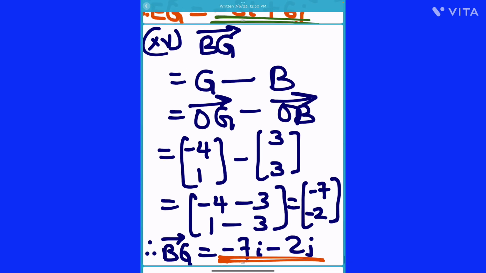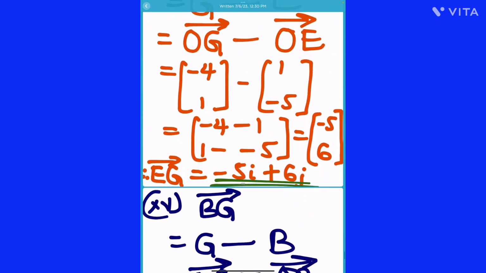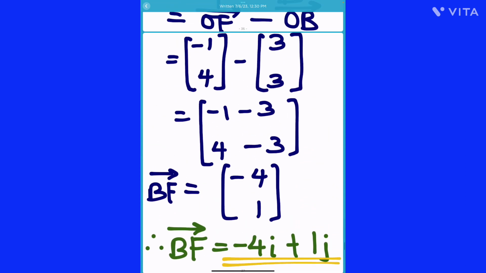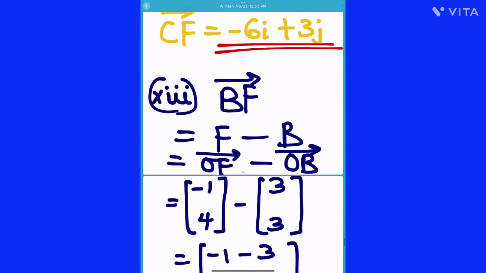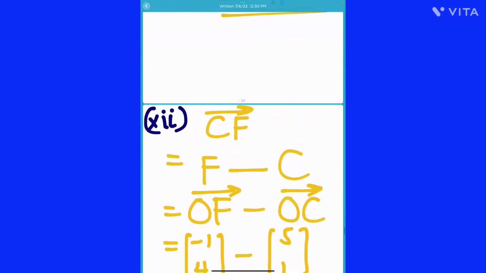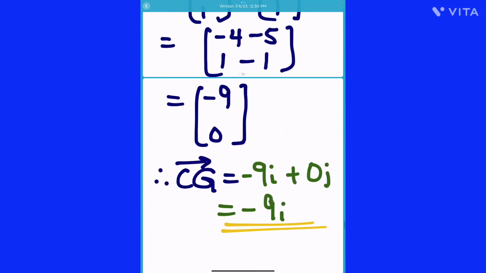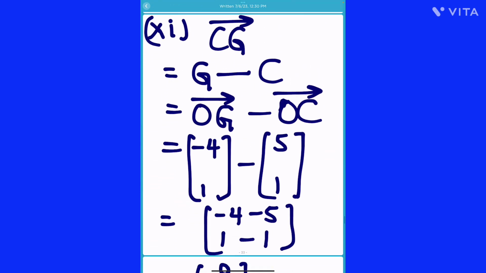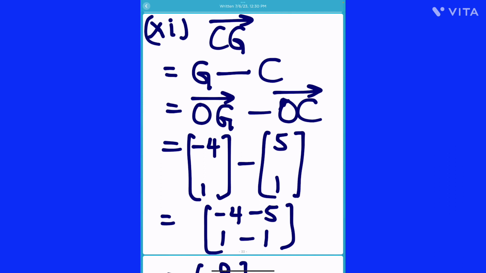Each answer in questions 11 to 15 is worked the same way. So that ends our introduction and examples on relative vectors.